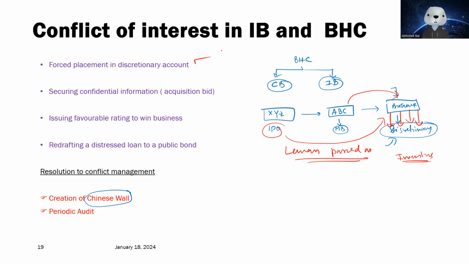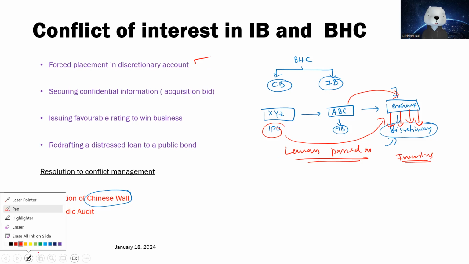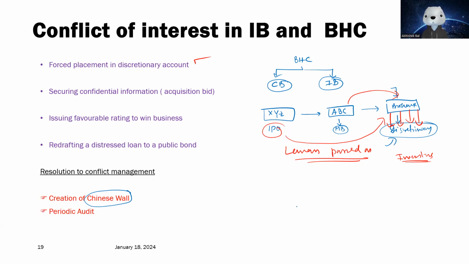The second is securing confidential information. Okay, so let's take one more example. Let's say XYZ wants to acquire a company, MNY. So this is the target company and this is the acquiring company. XYZ appoints ABC as its negotiator, middleman, investment bank, broker, merchant bank, whatever you want to call it.